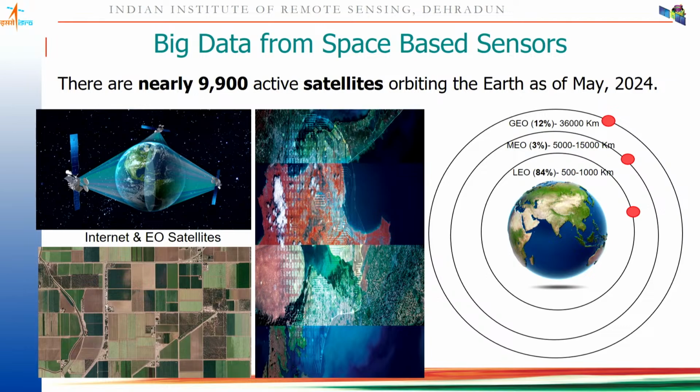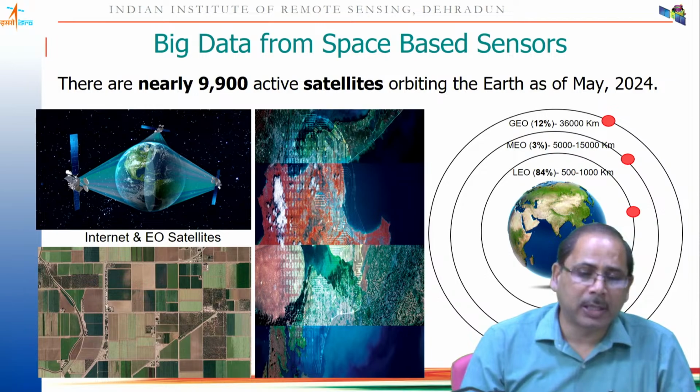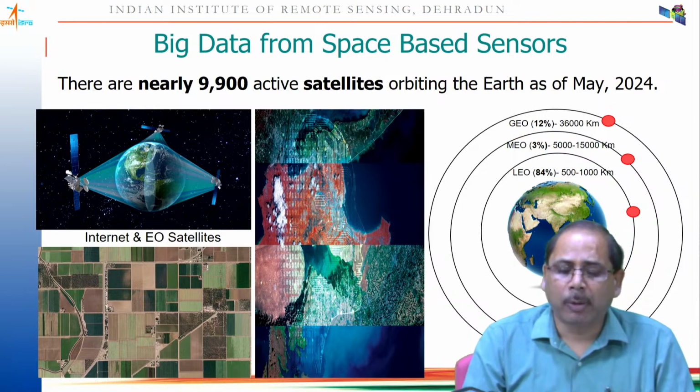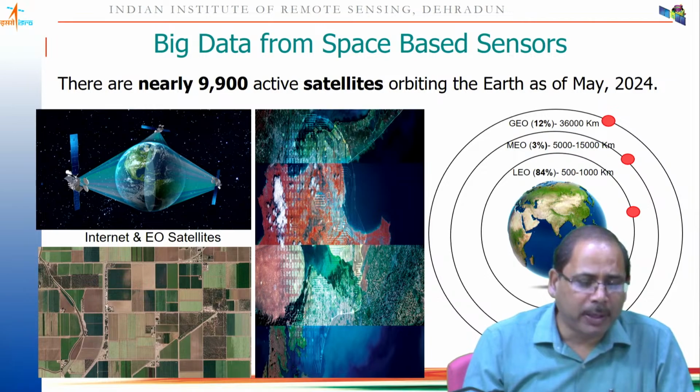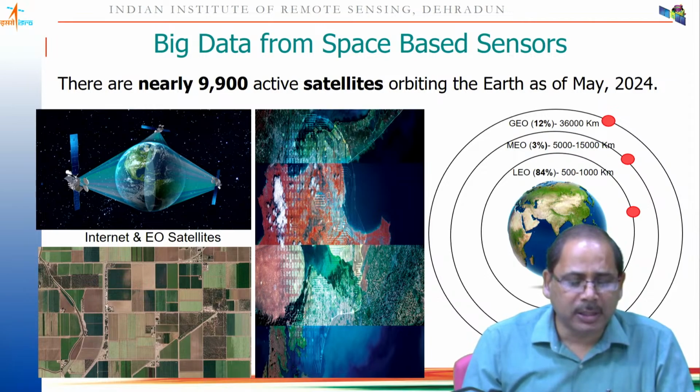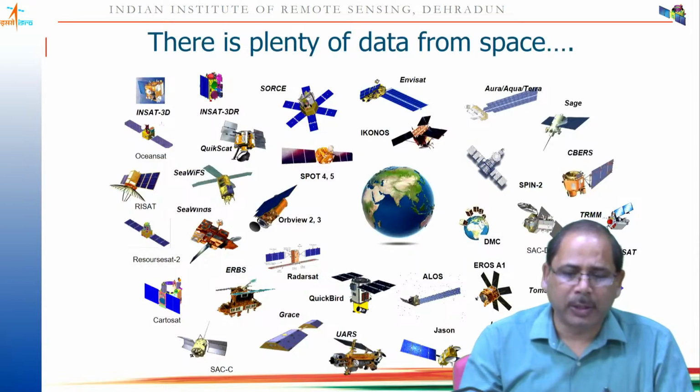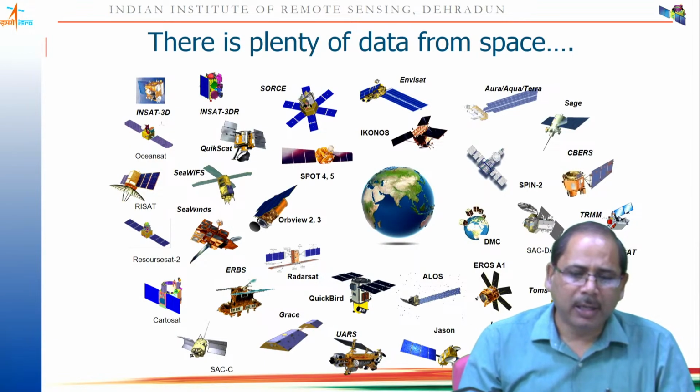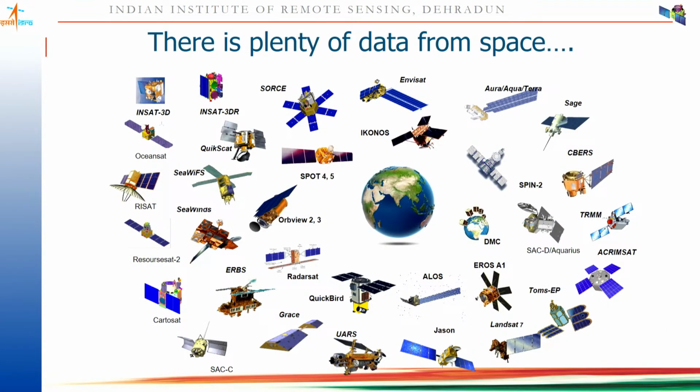You may know that by 2024, I think more than 10,000 satellites are orbiting in different orbits, like LEO, MEO, GEO, and these satellites are giving a lot of data, transferring the data to our earth stations, and this data is becoming one of the very good candidates for geodata. You can see plenty of satellites there. More than 10,000 satellites are orbiting above our earth.